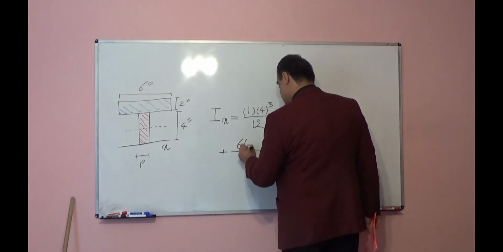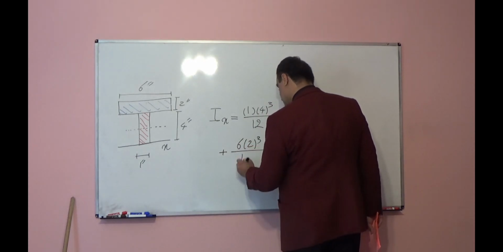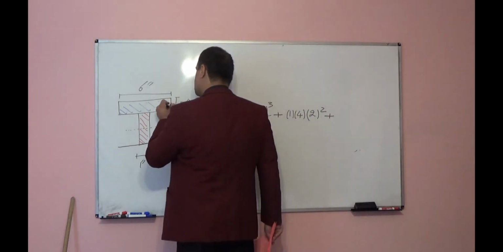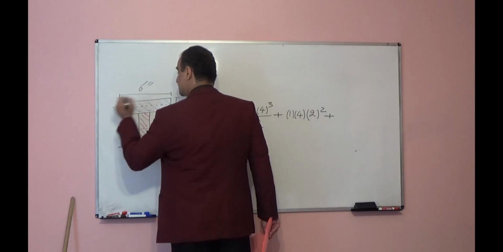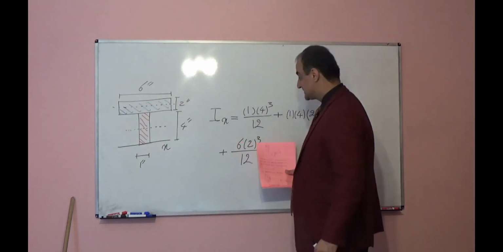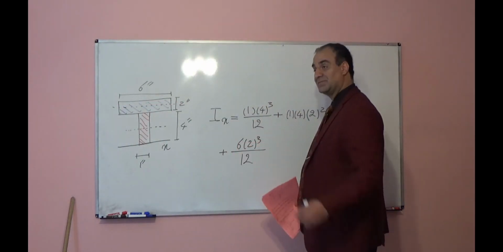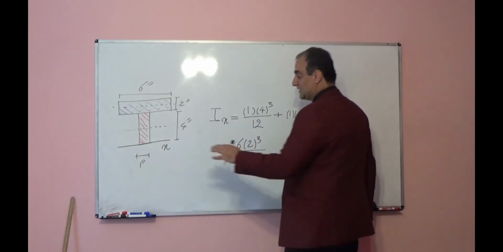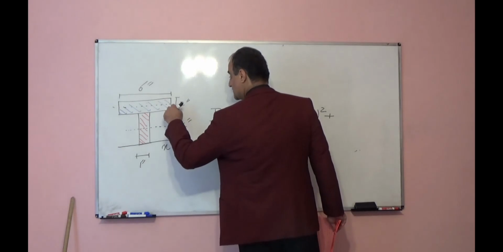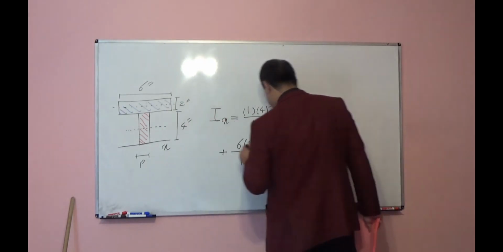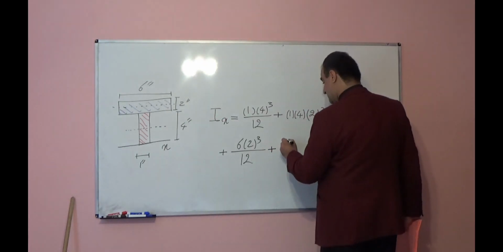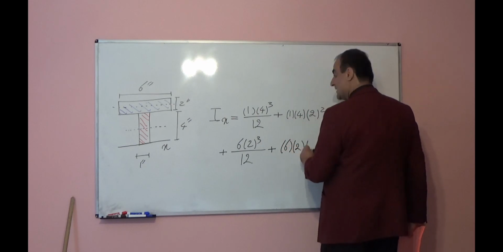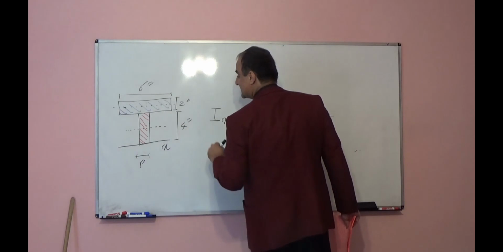Plus, for rectangle number 2, the moment of inertia will be 6 times 2 cubed over 12, width times height cubed over 12, but this is with respect to the axis that passes through its own centroid. I want to calculate with respect to x, so I should transfer from here to here, plus the area of rectangle 2, which is 6 by 2, times the distance between these squared.